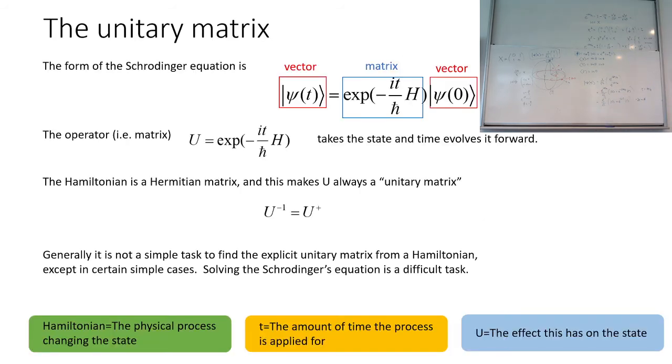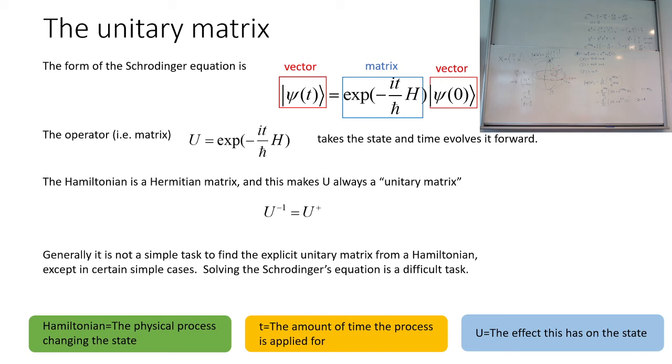Okay, all right. Just to finish off this set of slides. A lot of this I've already said, but basically, in this form of the Schrodinger equation, you have your initial state, which is a vector.